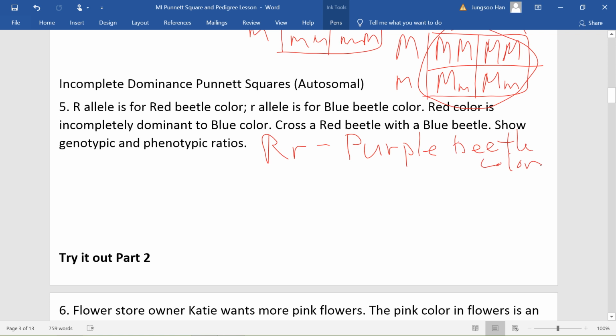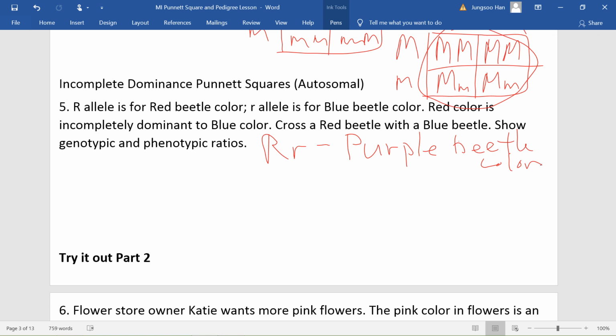Okay, so the problem says cross a red beetle with a blue beetle. Okay, so it's pretty much set up the same way, okay? But in this case, all the heterozygous genotypes will be purple, okay?